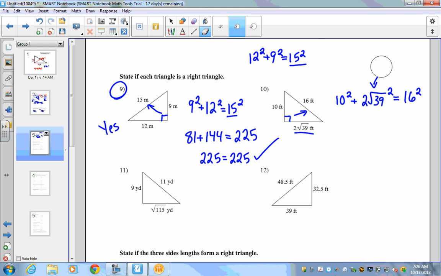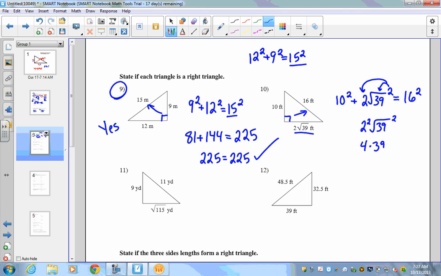Well, the square actually gets distributed not only to the radical 39, but it also gets distributed to the 2. So in other words, you're looking at 2 squared times radical 39 squared. Well, 2 squared is 4, times radical 39 squared is regular 39. So 4 times 39, that gives us 156. And you guys can finish out the rest.